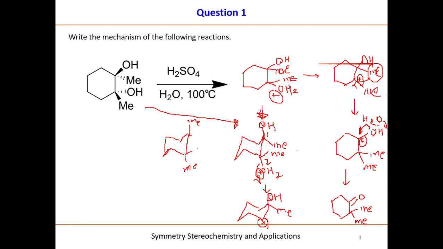Methyl group, this is the OH group, here also OH. So when this OH is eliminated after protonation, then carbocation formation will take place here.